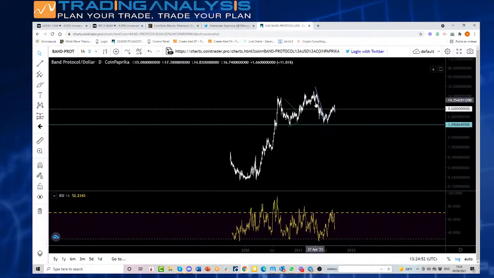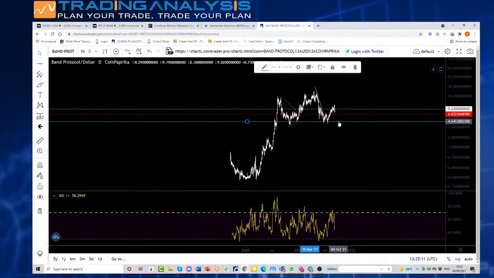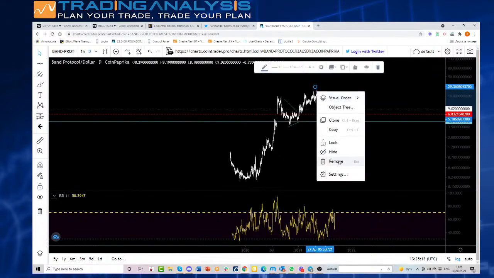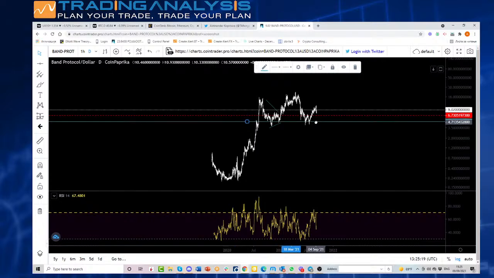If we see this as an ABC X ABC, a rather small one, we should not go below these levels here, and this will be a one down in two. If we move a little bit lower, in general, this will be the support level, okay? A little bit lower. I don't want to see a break of this, because that will mean that this move to the downside is not finished. So the margin of actual risk is between this line and this line, a very small one, almost $1.